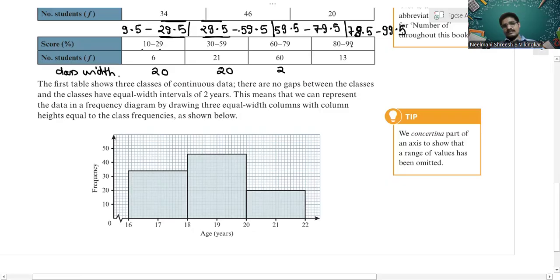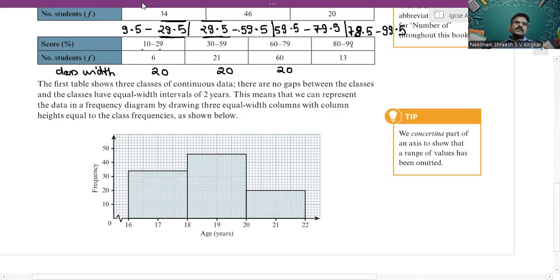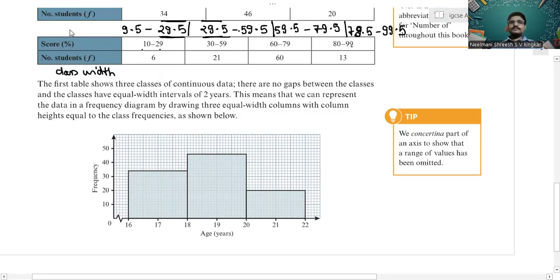And you can just calculate so on. When you have calculated the class width, you can just divide the frequency by the class width and find out the frequency density. For example, for the first one, you got a frequency density of somewhere around 35, and so on. And then you make this data.